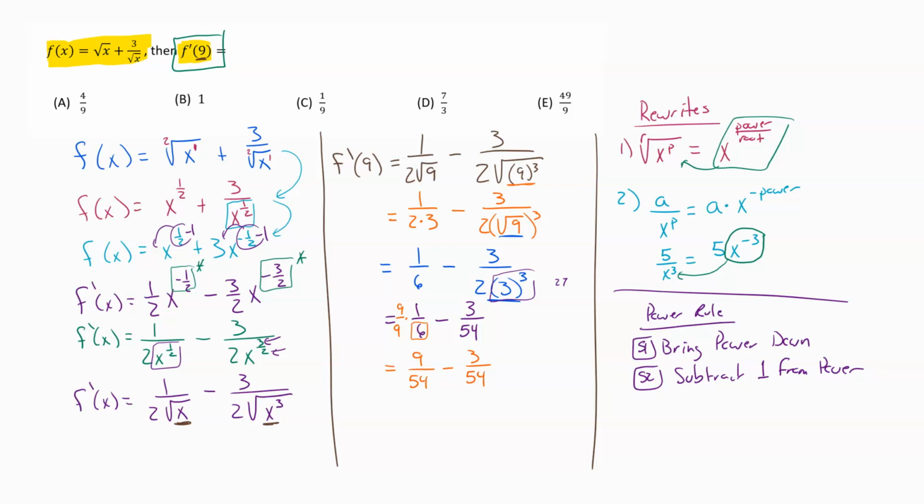Now I've got a common denominator, so now I can just subtract the top. 9 minus 3 is going to get me 6 over 54. And then from there, you can reduce that. I can pull a 6 out of everybody. So I pull a 6 out of the top, that's going to leave me with a 1. I pull a 6 out of the bottom, that's going to leave me with a 9. So I end up with 1/9, which matches option C.